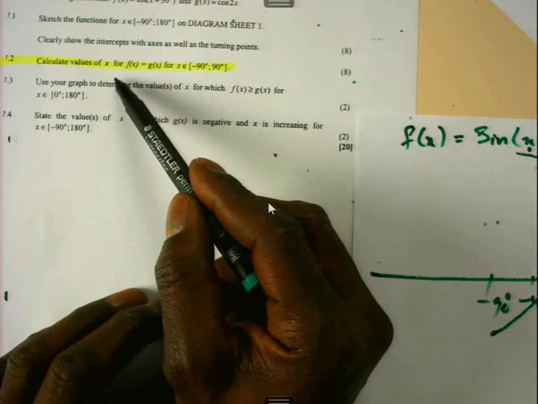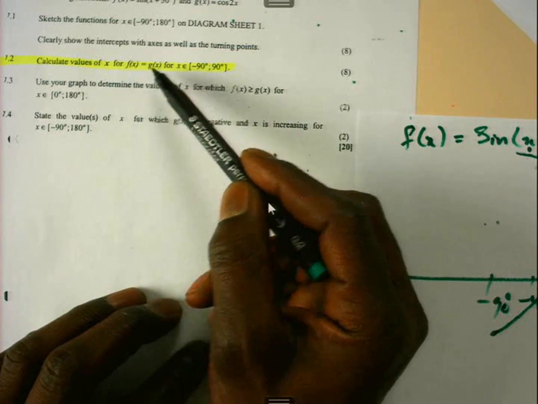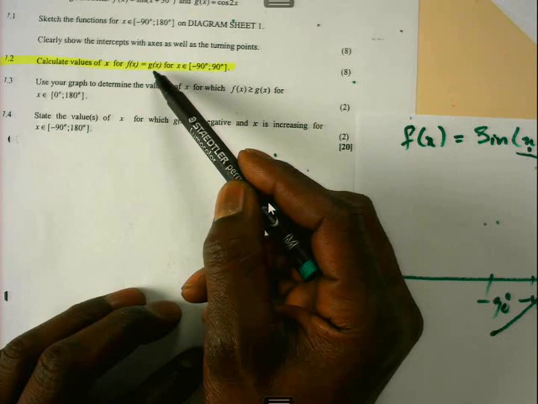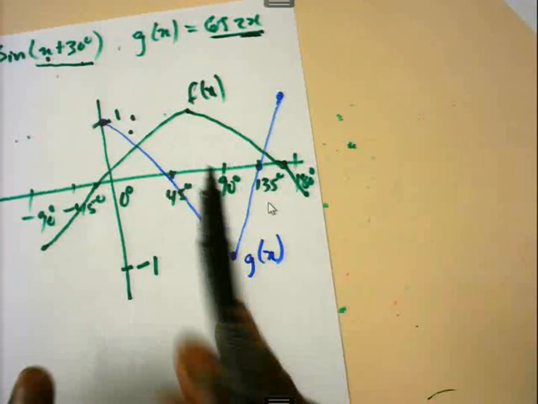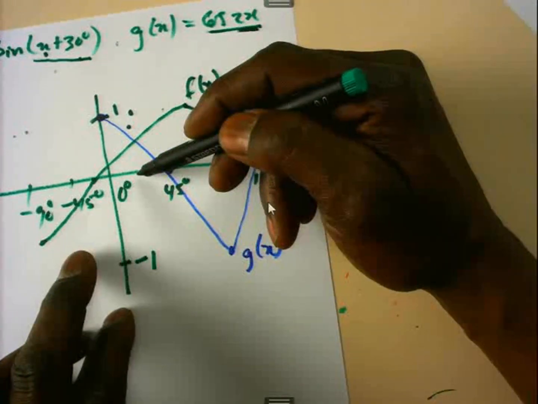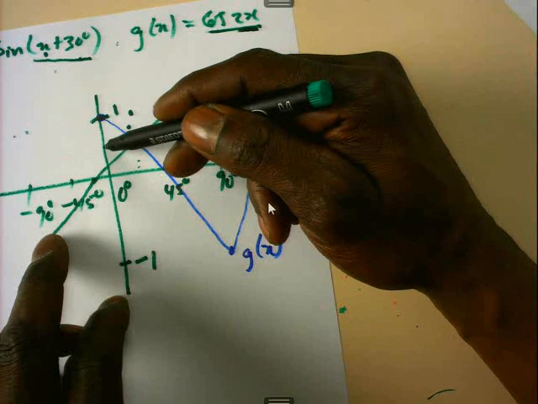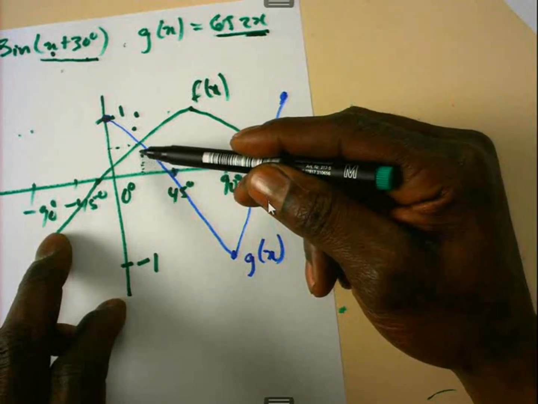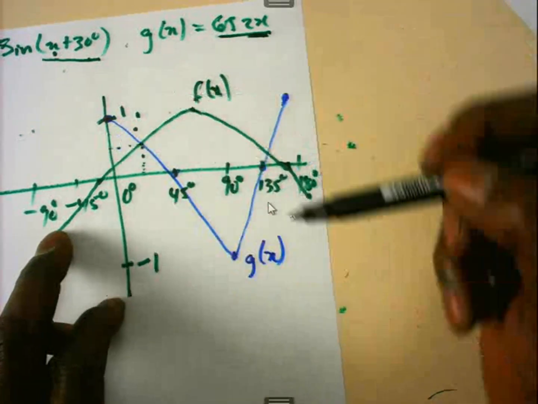Now, the main problem here that we are given is 7.2, which says calculate the values of x for the y value of the graph of f to be equal to the y value of the graph of g. Now, if we look at the two graphs here, the y value of the graph of f at this point is that one, and the y value of the graph of g at that point is that one.